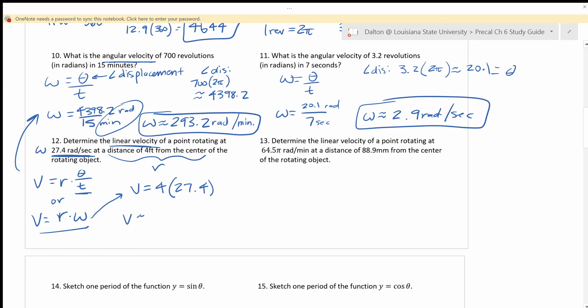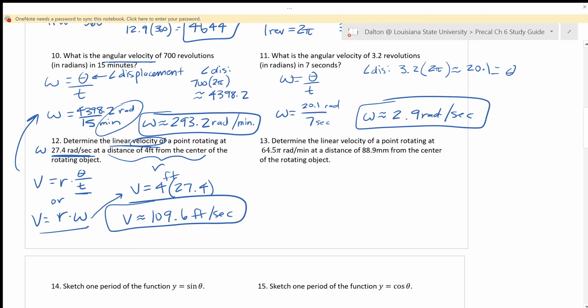I didn't tell you how to round, I apologize, so let's do the nearest tenth: 109.6. The radius is in feet and the rate is radians per second, so linear velocity means I'm going to have feet per second.